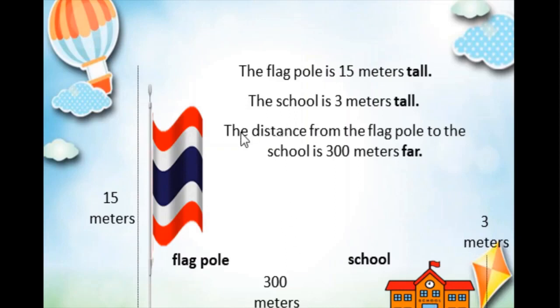That's why the distance from the flagpole to the school is 300 meters far. There. These are the 3 assumptions based on the figures measured in meters.